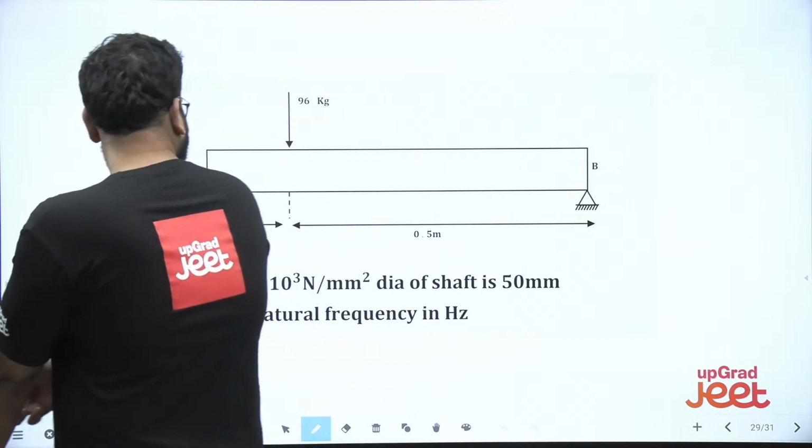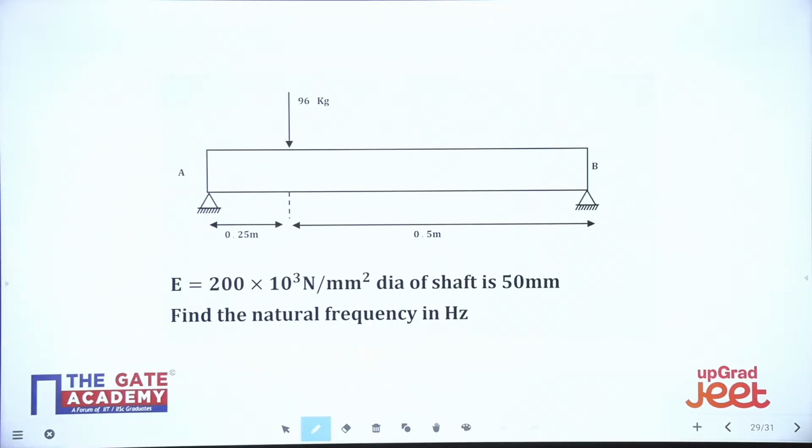Let's try this one. You will have to find the natural frequency in hertz in this case. Please go for it.